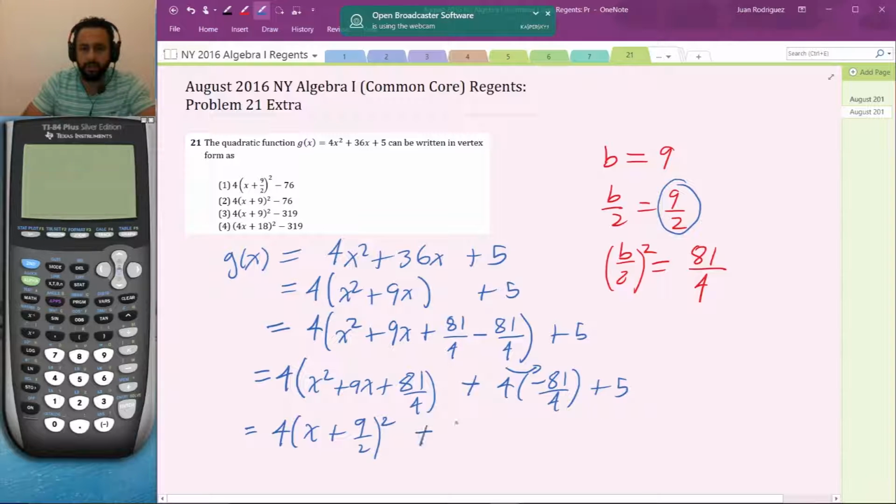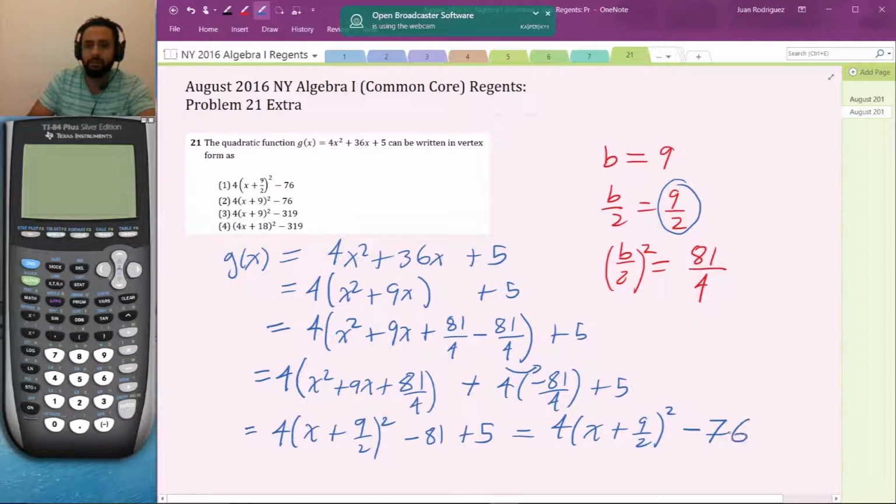Then plus a negative 81 over 4 times 4, which is negative 81, plus 5, which equals 4 times x plus 9 over 2 squared minus 81 plus 5, which is 76. So in fact, it is choice 1. Okay, that's how to do it by completing the square.